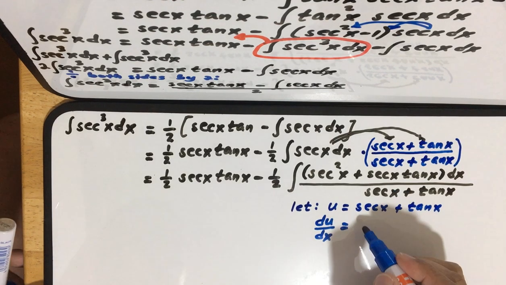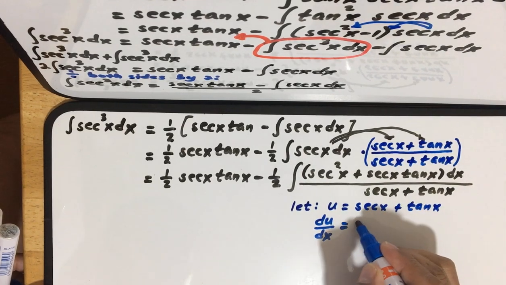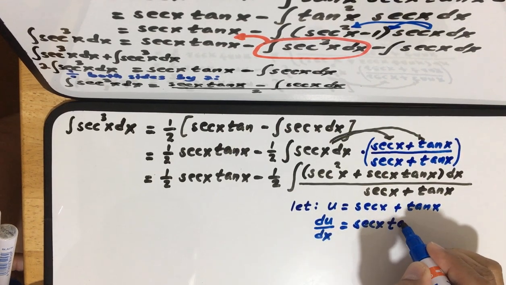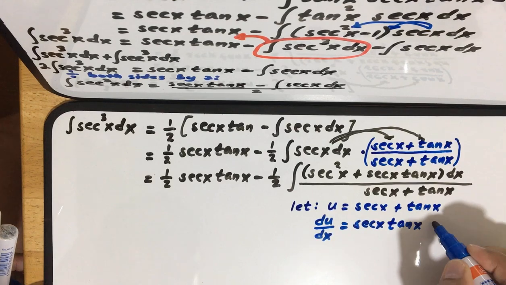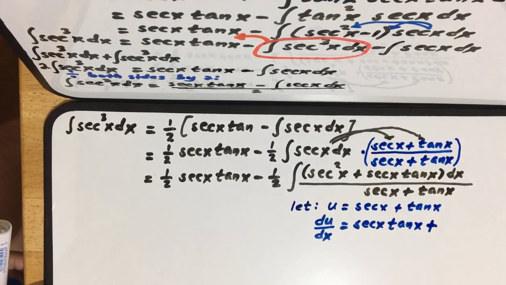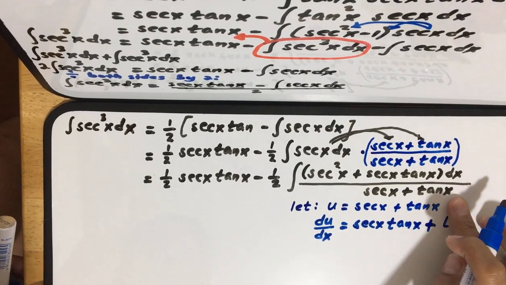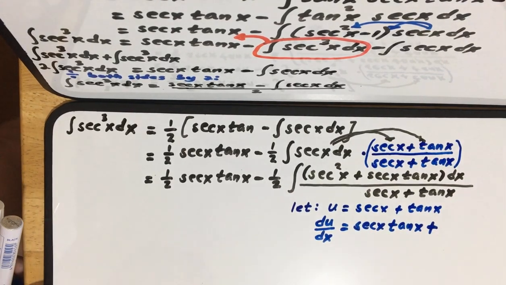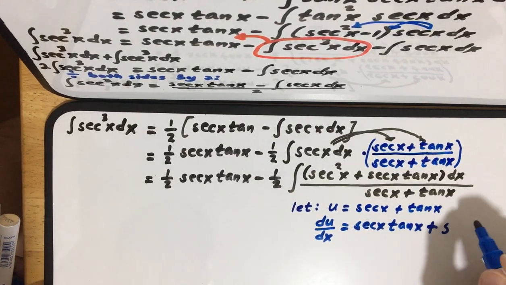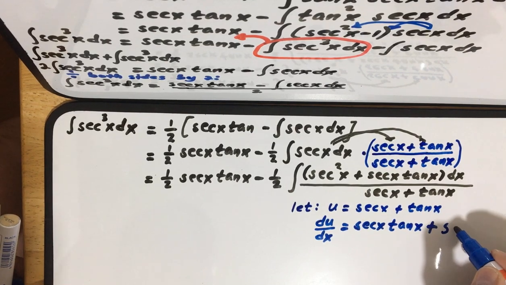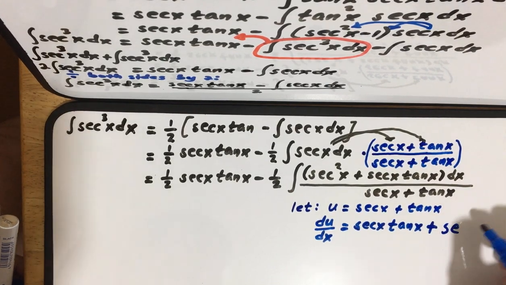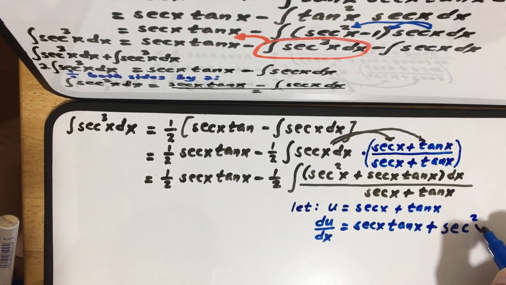So the derivative of this first term is equal to secant x times tangent x, then plus the derivative of tangent u. From our differential calculus, the derivative of tangent u is equal to secant squared u. So this is secant squared x.